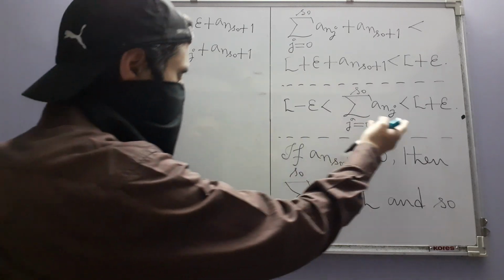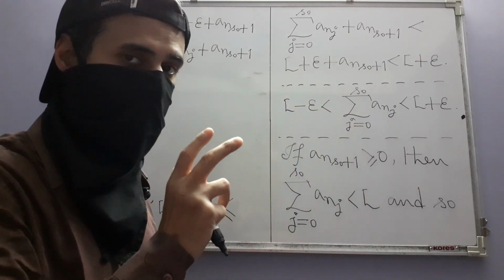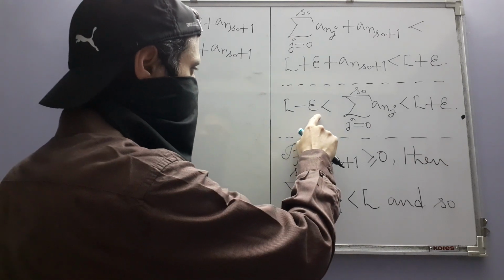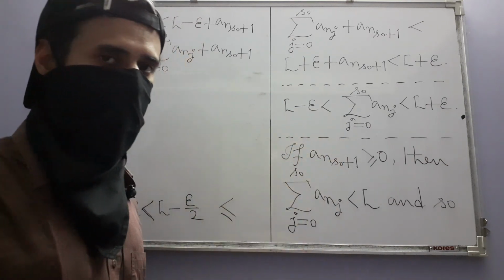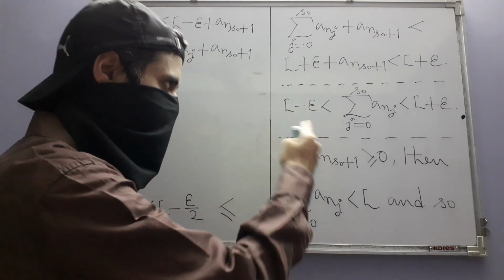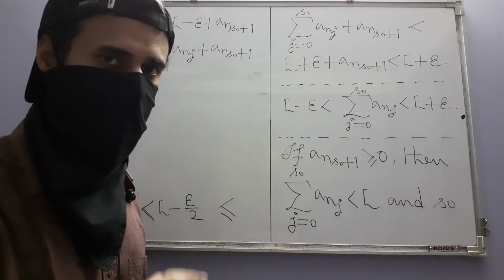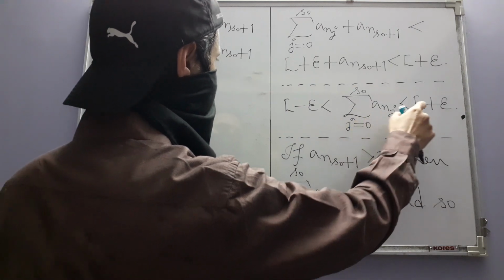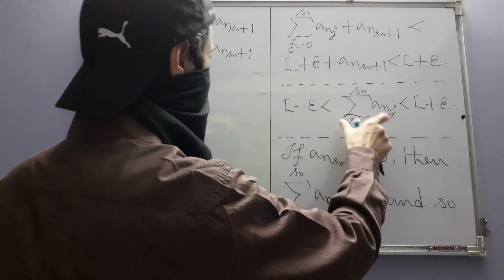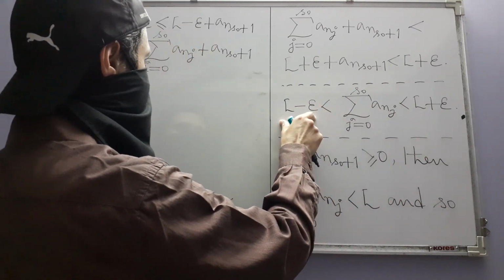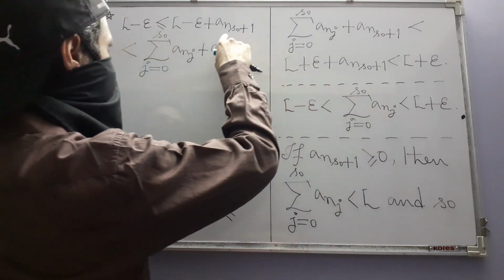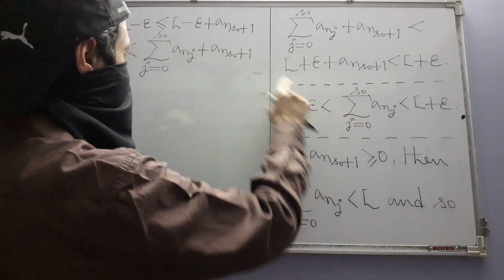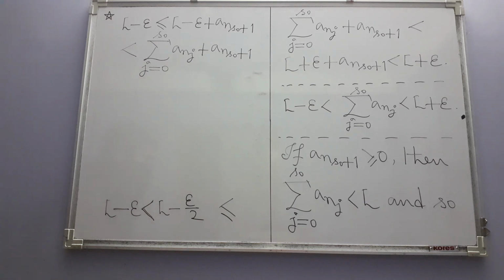Remember that this is what our induction hypothesis is. It does not depend on these if conditions. It is something we have already assumed before starting these induction steps. So that's why this is greater than L minus epsilon. So this plus this is greater than L minus epsilon plus this. Okay.